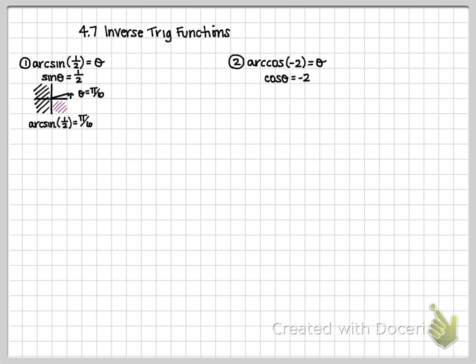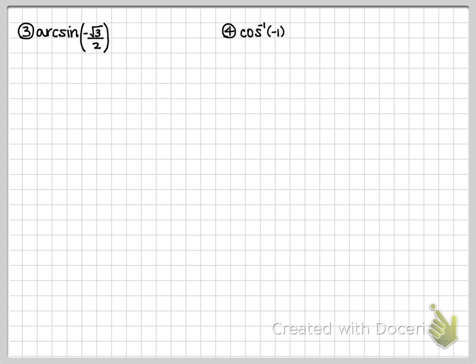Cosine achieves a true minimum value at -1 and a true maximum at +1, which means it only exists between -1 and 1. This is not possible. So what I would say is that arc cos of -2, I know it looks funny with the equal sign, but it doesn't exist. It just can't be done. If it was maybe a different trig, sure, but definitely not cosine.